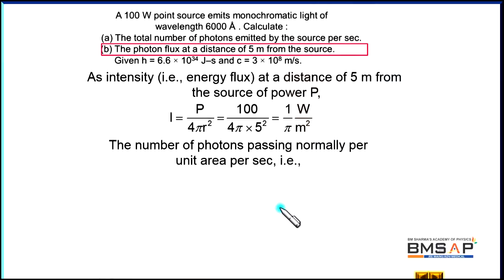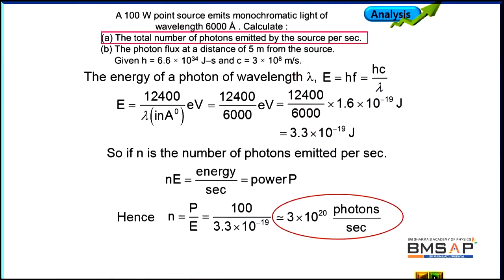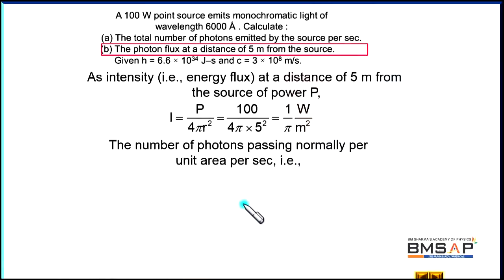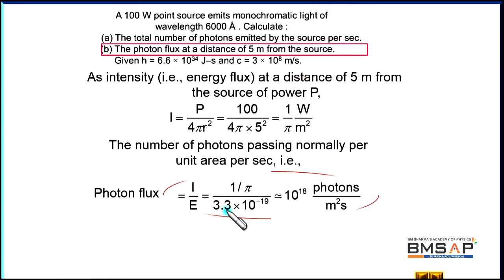That is I divided by E. E is the energy of a photon. So let us divide I with E, and we know the value of I, and E we have calculated, that is equal to 3.33 into 10 to the power minus 19. So this is equal to 10 to the power 18 photons per meter square per second. This is the photon flux. It is also called the intensity of a photon on a given surface. Okay.